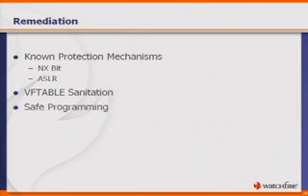And of course, the only true protection mechanism that can defend us is safe programming. We just need to develop safe software, because other protection mechanisms can help and can be really efficient, but we will always find ways to overcome these protection mechanisms.